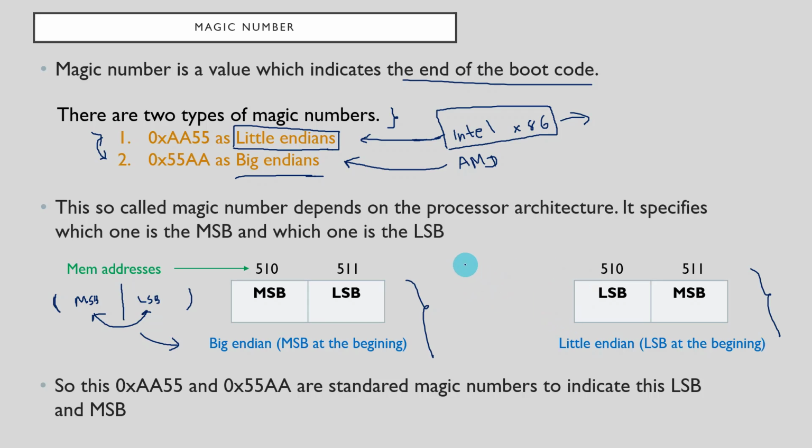And if we consider our byte as two parts, where the first part is LSB and the second part is MSB, then it follows the little endian definition. So just remember that. This 0xAA55 and 0x55AA, these are hex numbers or hexadecimal numbers.